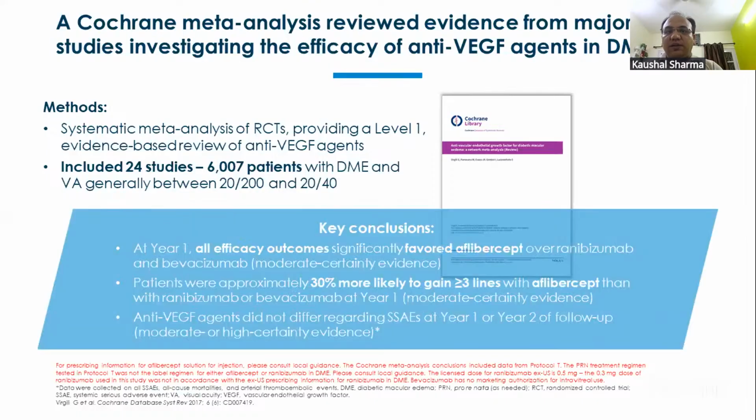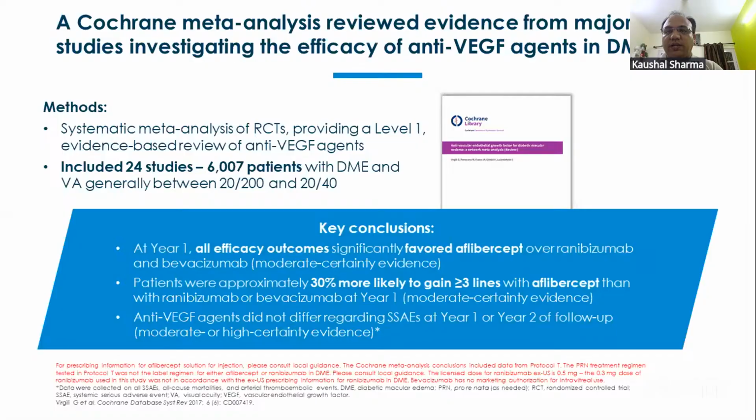Methods: systematic meta-analysis of RCTs, providing a level 1 evidence baseline of anti-VEGF agents. It includes 24 studies, 6007 patients with DME and visual acuity generally between 20/200 and 20/40. Next.